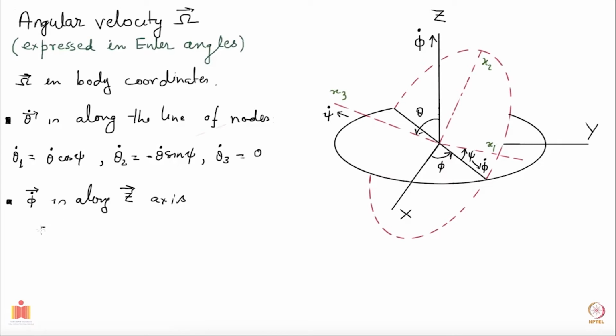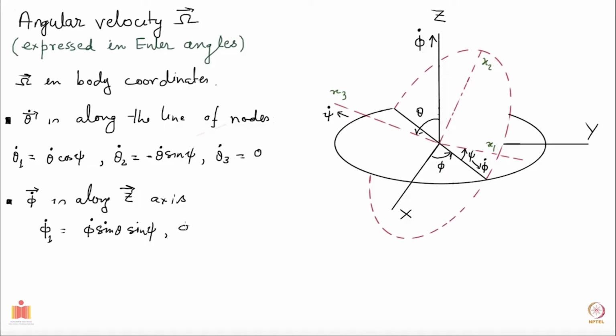I hope it's clear. Phi 1 dot is phi dot sin theta. So this projects onto this new plane, and then you further project it along the x1 axis. Because your x1 is just moved by an angle psi from this one, you will have a sin psi here.